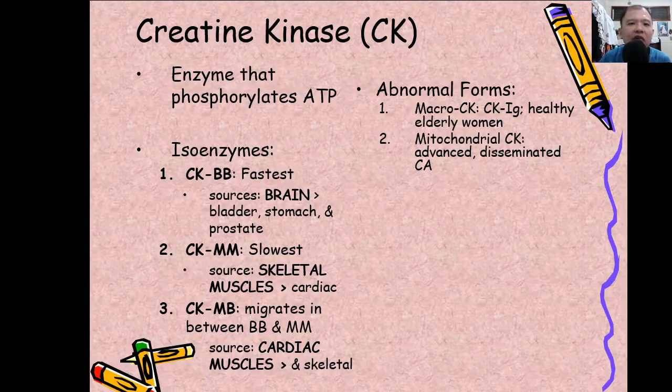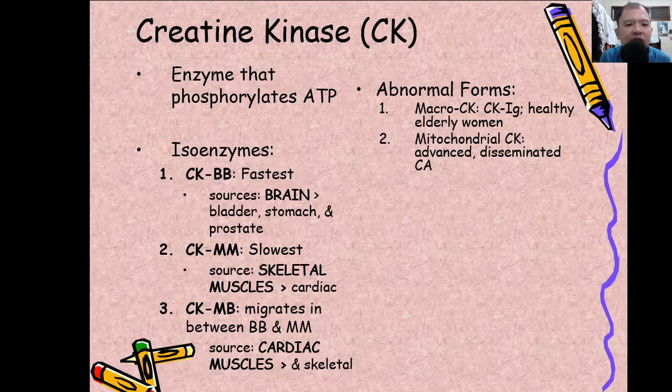So the next biochemical marker is what we call creatine kinase. It is an enzyme that phosphorylates ATP, or adds a phosphate group.